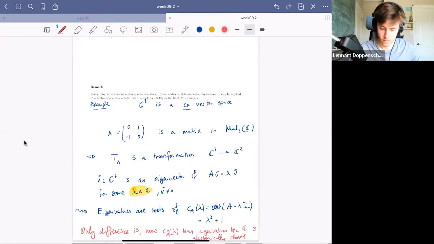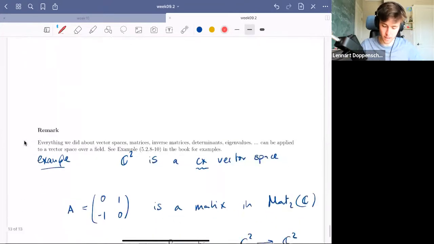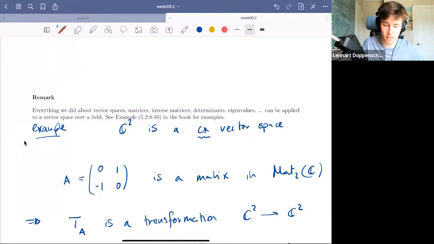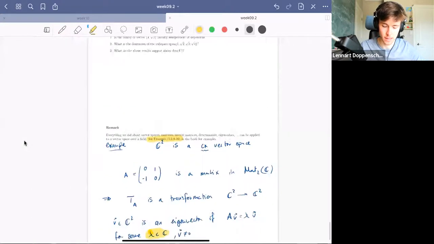So if you do feel like this is sketchy, then look at these examples, please. This will give you examples of how to work with general vector spaces over any field. And looking at examples might show you that actually everything is the same as before.